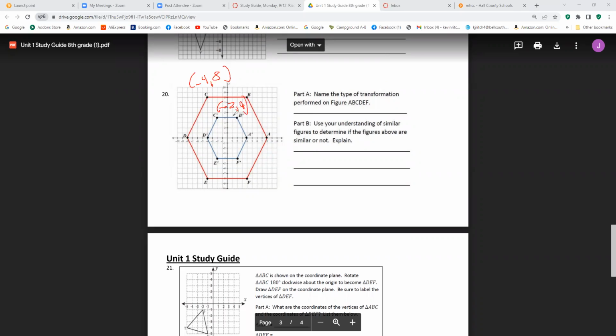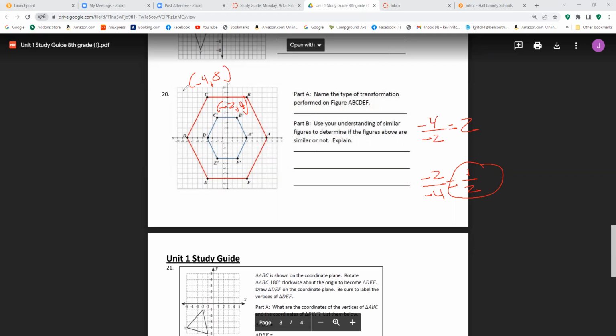So since it got smaller, our scale factor has to be less than 1. So we're either going to put 4 over -2 or -2 over -4. Which one is a scale factor less than 1? Well, this is a scale factor of 2. This is a scale factor of 1/2. So since our original got smaller, it must be a scale factor of 1/2.